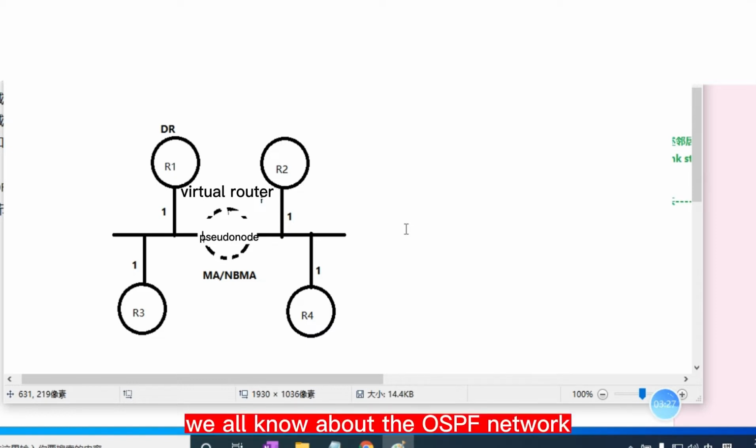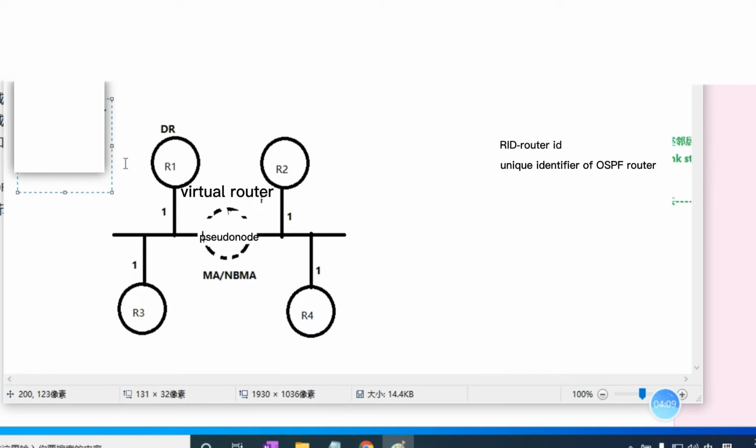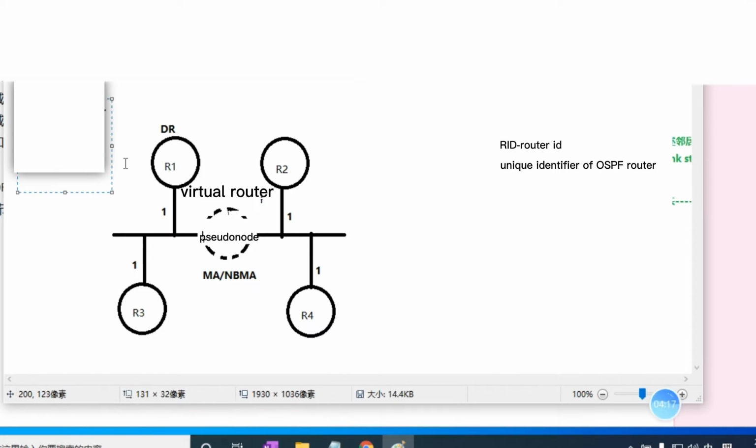We all know that an OSPF network uses the RID, the router ID. It is the unique identifier of an OSPF router. It's involved in a lot of routing protocols, so we won't go into too much detail here. The RID is a unique identifier for a router, which means that in an MA or NBMA network, it cannot be repeated.